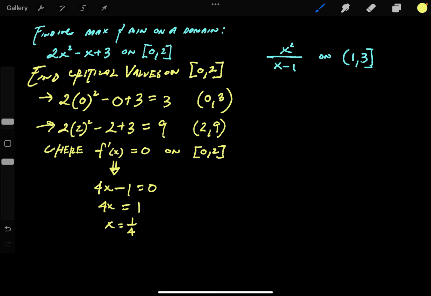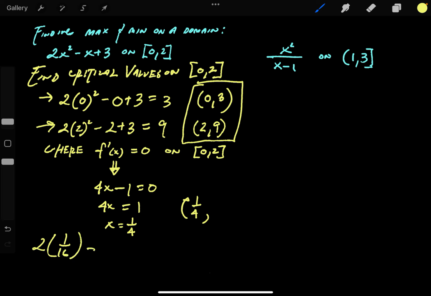So what's the other critical value? So far we have these two, and then we're going to get another one: (1/4, ...), and to find its corresponding value, you plug it in here. It's going to take some time. 2 times 1/16, right, when I square, minus 1/4 plus 3.